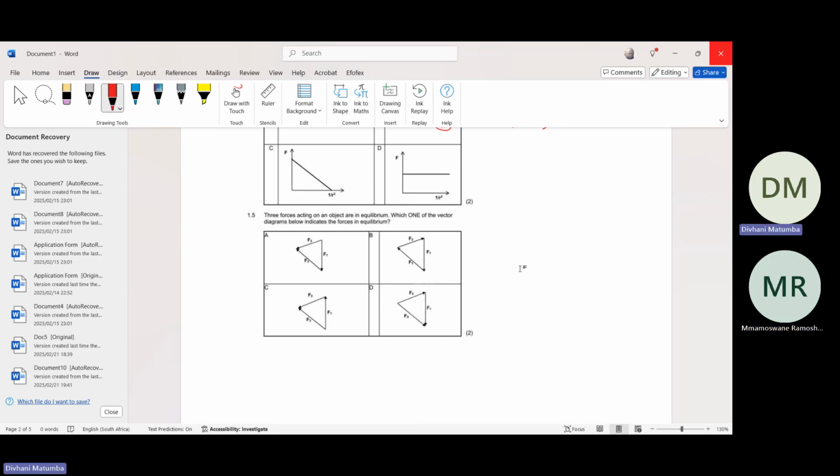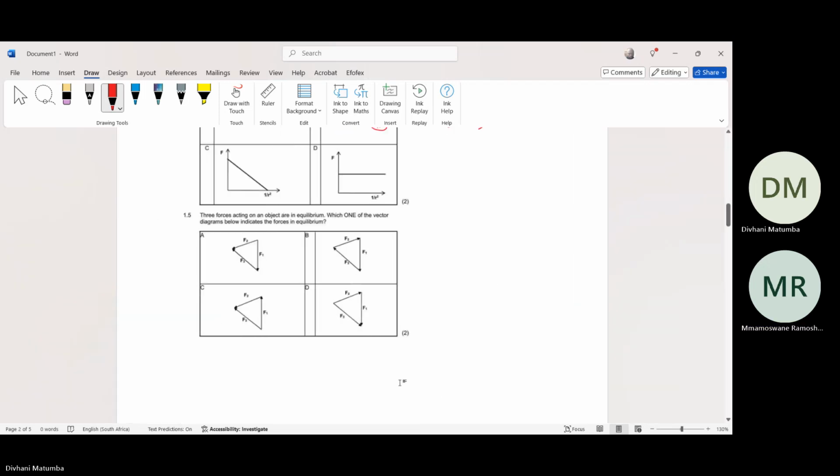Which one is it? It has to be B. Yes, that's correct. The head must be on the tail, and the tail must be on the head, in any direction.